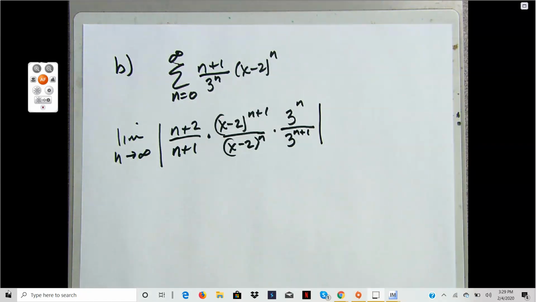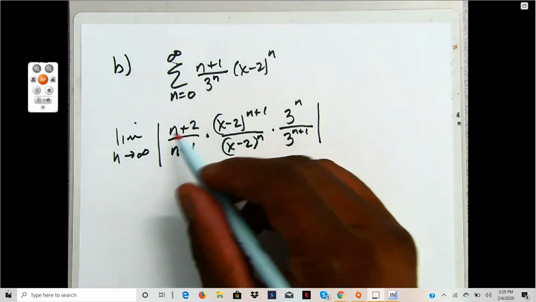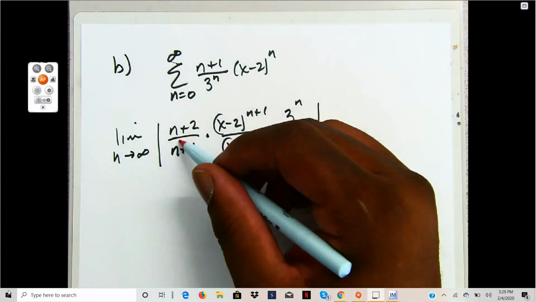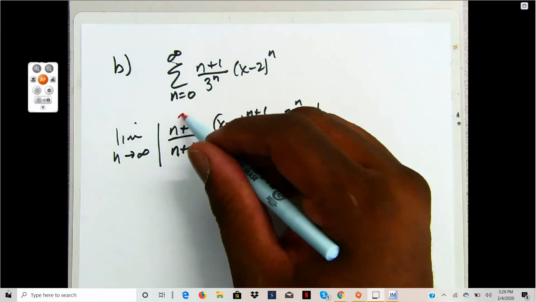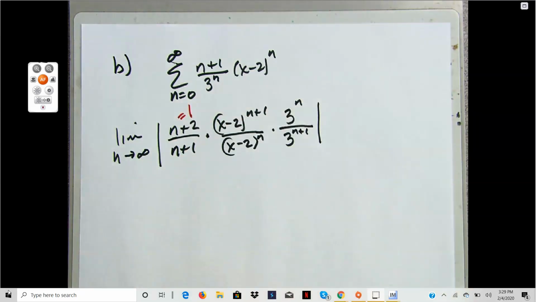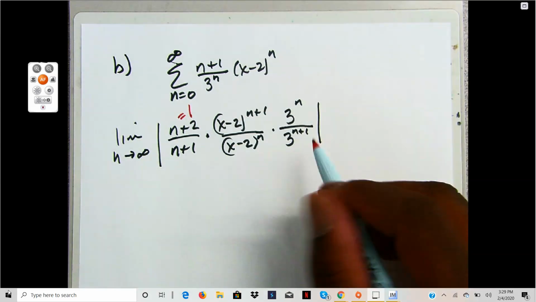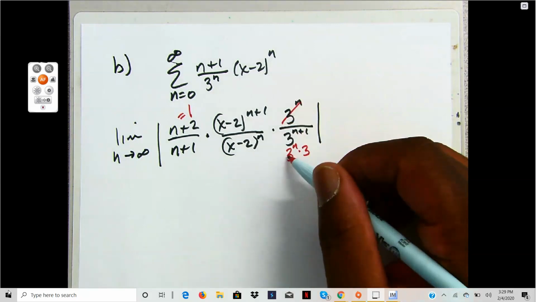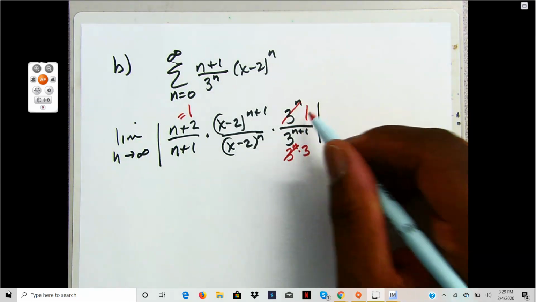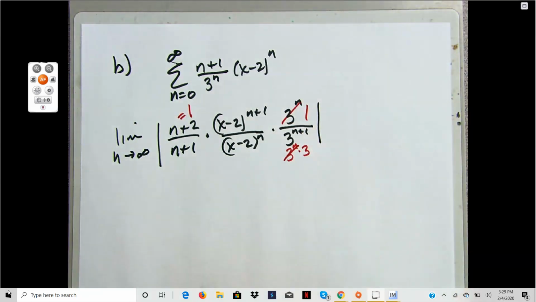Well, right away I see that the limit as n goes to infinity of (n plus 2) over (n plus 1), the coefficients are the same here, degrees are the same, that's going to equal 1. 3 to the n plus 1 is 3 to the n times 3, so 3 to the n divided by 3 to the n will leave us with 1 over 3.